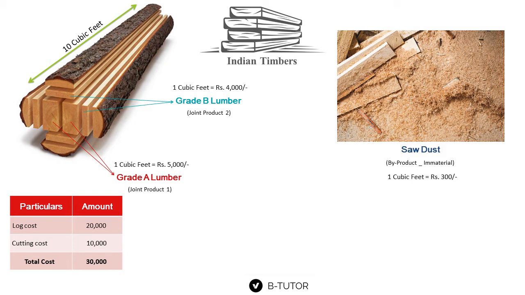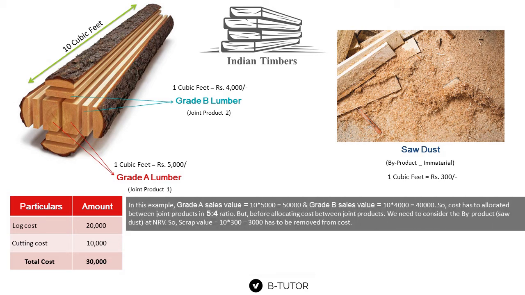In our example, outcome is joint products and the cost is not separately identifiable. We have to use relative sales value to allocate joint cost. Sales value of grade A is 10 cubic feet into 5,000 which comes to 50,000. Grade B sales value 40,000. So the joint cost of 30,000 has to be allocated between joint products in 5:4 ratio.